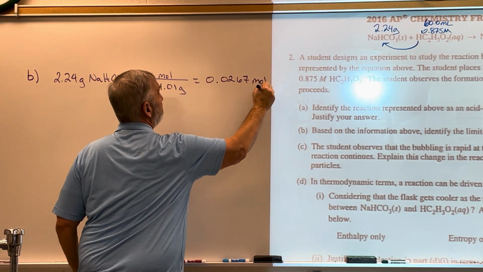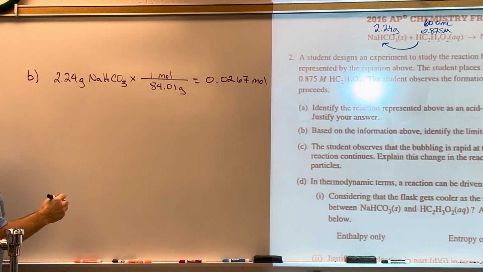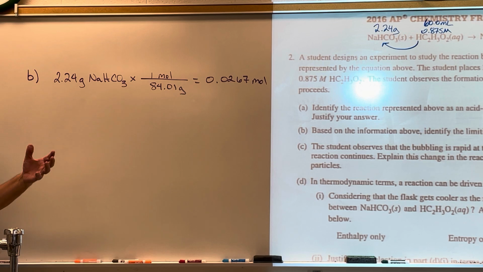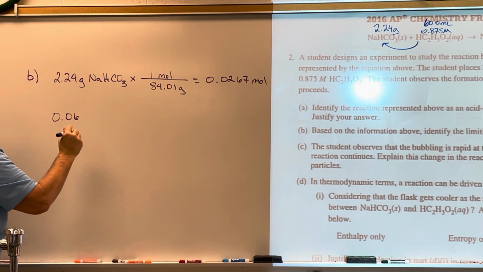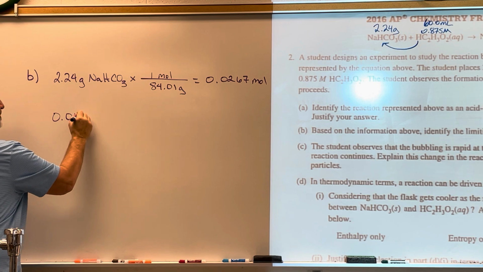That's moles. Okay, so how do I change 60 milliliters to moles? You have to use the molarity. But molarity is what units? Moles per liter. So 60 milliliters is equal to how much? 0.06 liters. But it's 60.0, so keep those zeros.